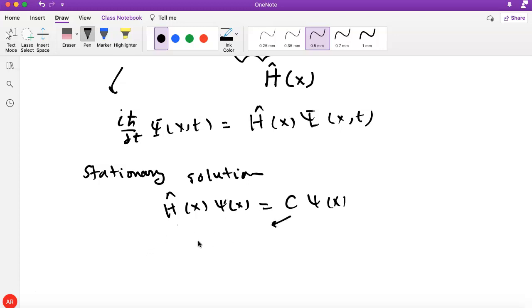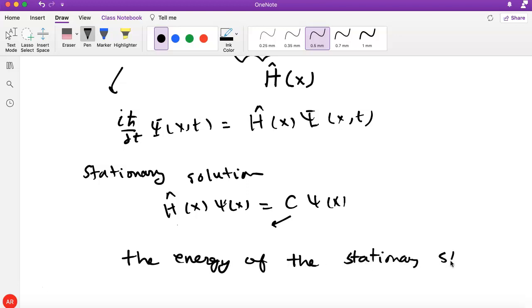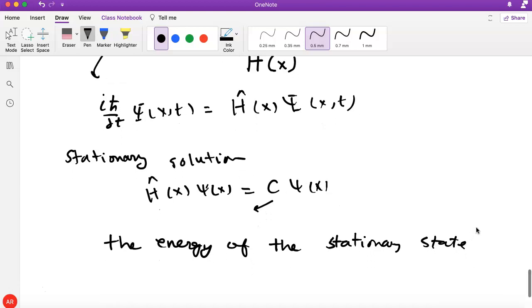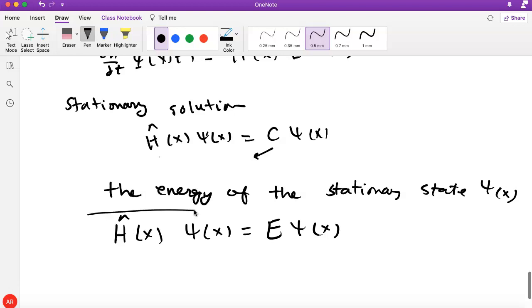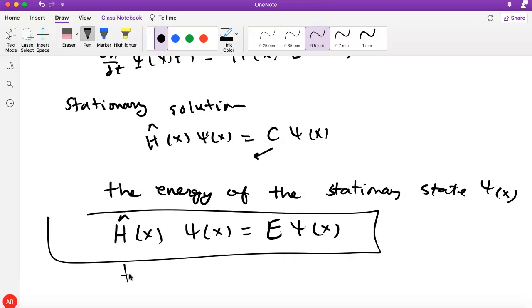So this number we can identify as the energy of the stationary state psi of x. So let's call that E. And this is the time independent Schrodinger equation.